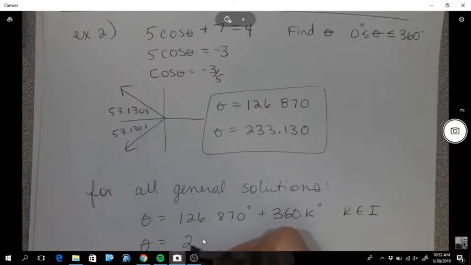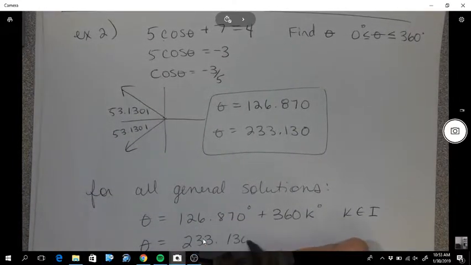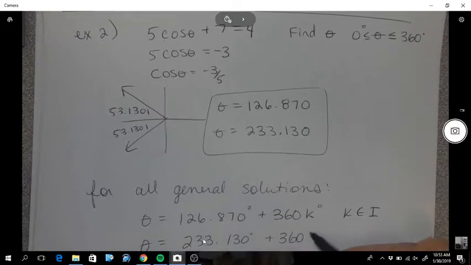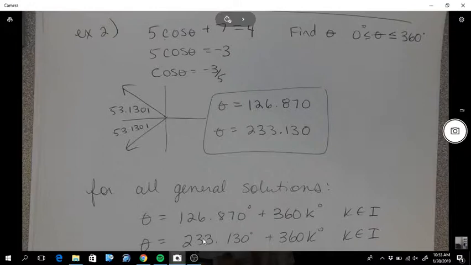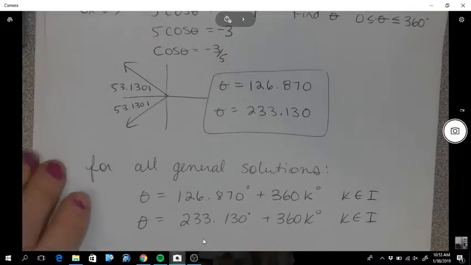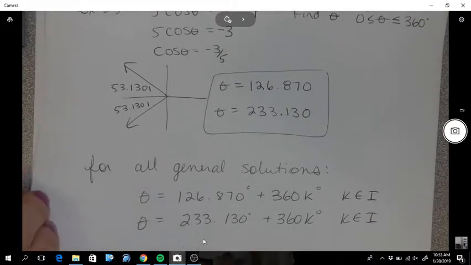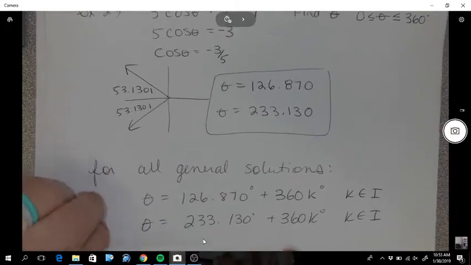And then same thing for 233, that you could add a rotation of 360 to that measurement, and you would have infinite many solutions. Okay?